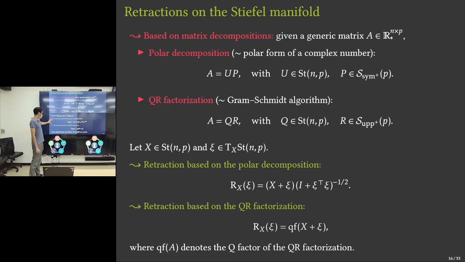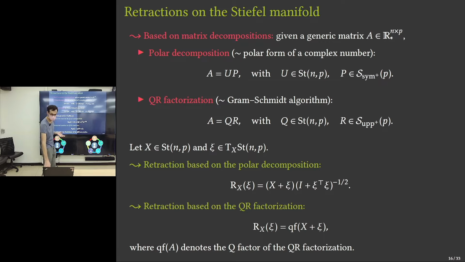So for the Stiefel manifold, the retraction based on the polar decomposition looks like this. There is a part which is x plus xi. So again, from the point x, we move in the direction of the tangent vector, so we get x plus xi, exactly the same as on the sphere. And this matrix, which is the inverse of the matrix square root of this part, is like the normalization factor, if you want.